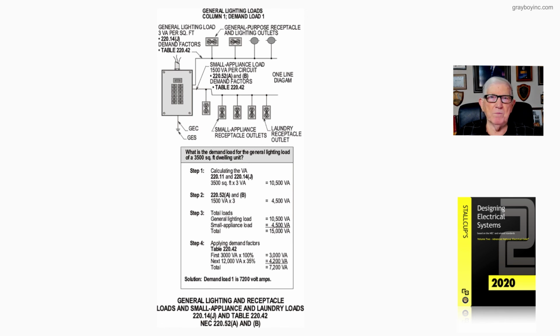And then you have to get permission from the authority having jurisdiction to use a diversity, like on a feeder or something going up to a total electric facility. So kind of keep that in mind. The demands you're looking at here are strictly for dwelling units only, and that's what this figure 22-6 is illustrating to the user of the NEC.